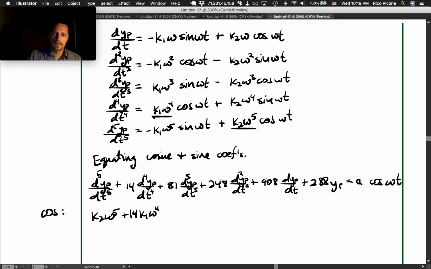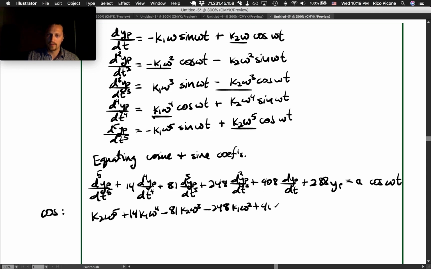And then the next cosine term is negative. So we have minus 81 K2 omega cubed. The next cosine term is also negative. So minus 248 K1 omega squared. And finally, we've got K2 omega as the first derivative.